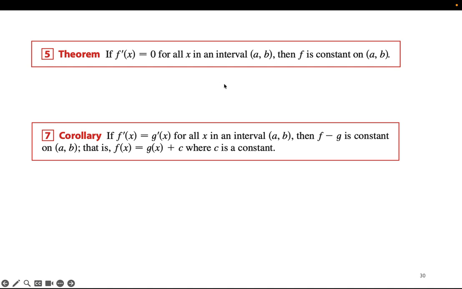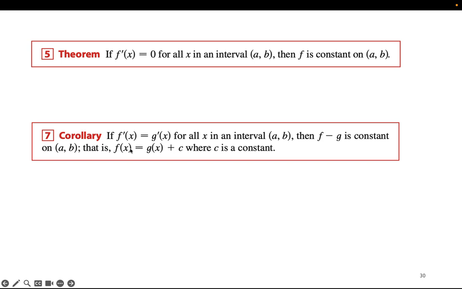The constant function is one that is horizontal, always the same value. If the function is constant, it's obvious that the slope is always 0. But this is not obvious: if you have a function where the slope is always 0, it must be the constant function.